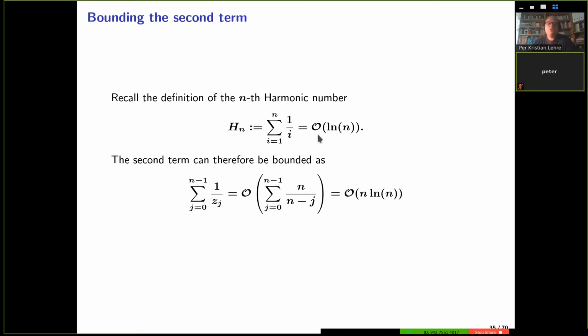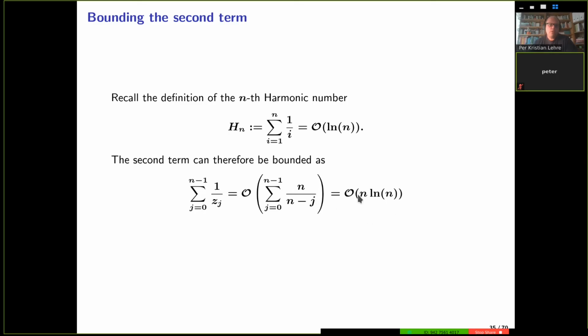So here I can use the harmonic numbers. So the summation of 1 over i, i equals 1 to n, is big O log of n. So the second term can then be bounded by 1 over zj, which is big O n over n minus j.